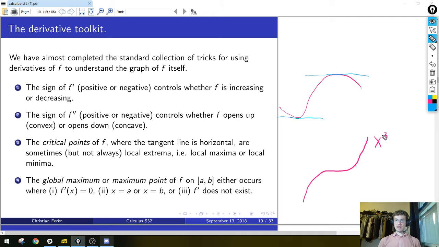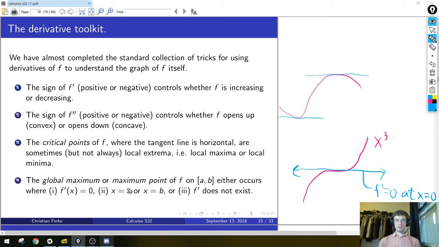The derivative of this is 3x squared, which has a root at x equals 0, so there's a tangent line, f prime equals 0 at x equals 0, but clearly by looking at this graph, x equals 0 is not a maximum or a minimum, right? It's what we sometimes call a saddle point, so to speak. It looks like a saddle or a Pringle. So these critical points are sometimes, but not always, local maxes and mins.